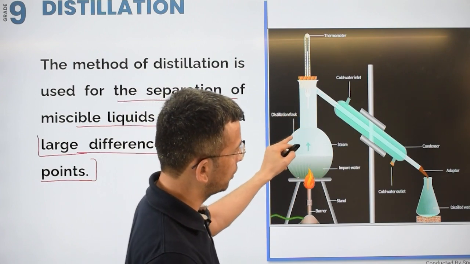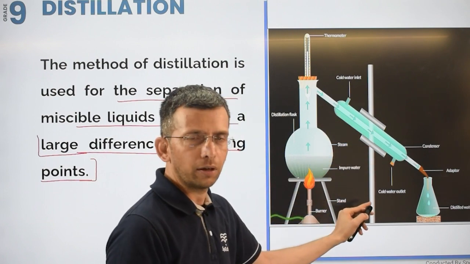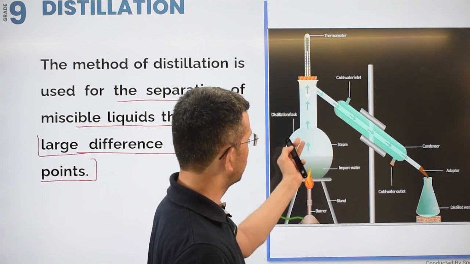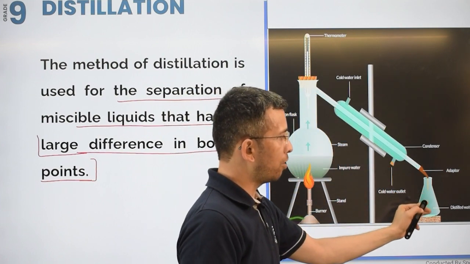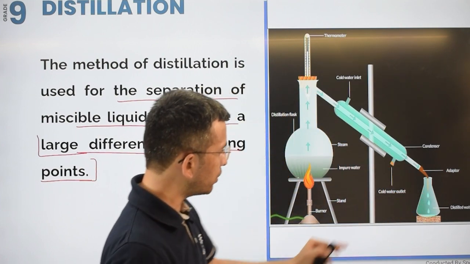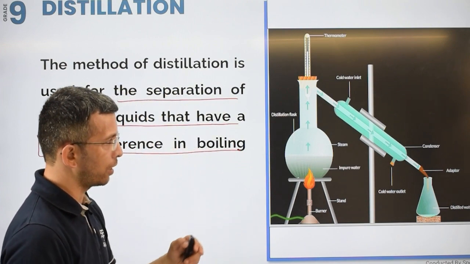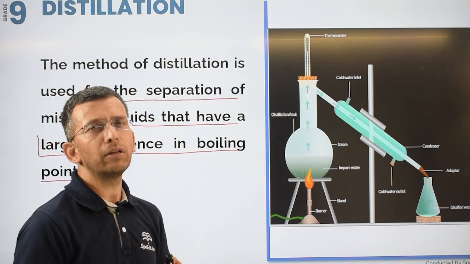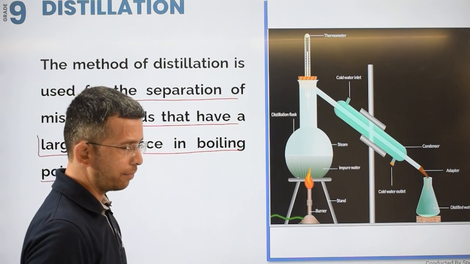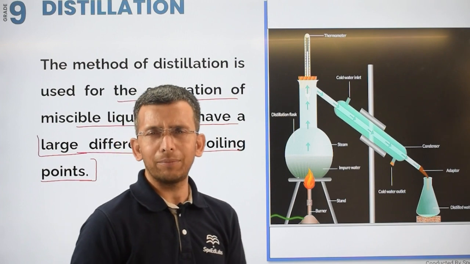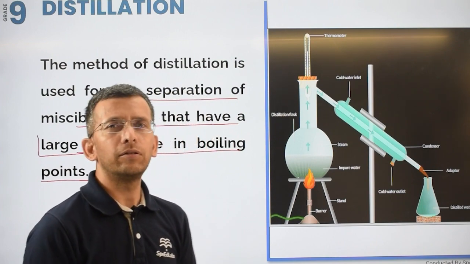What will happen here? As water is flowing, the vapors which are going up will cool and come in the form of liquid. So in this method I am using the difference in the boiling point, and it should be a large enough difference, then I can use the distillation method.